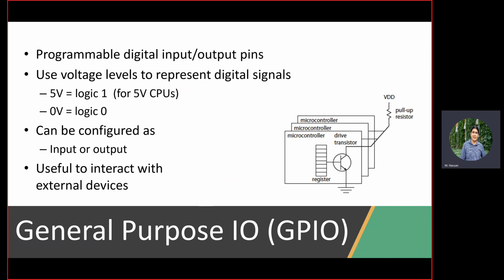The way you can program them as an input and as an output is through having a tri-state buffer that configures the port in either direction. It uses voltage levels to represent signals. So 5 volt means logic 1, 0 means logic 0. And it's very useful to interact with generic input-output devices.